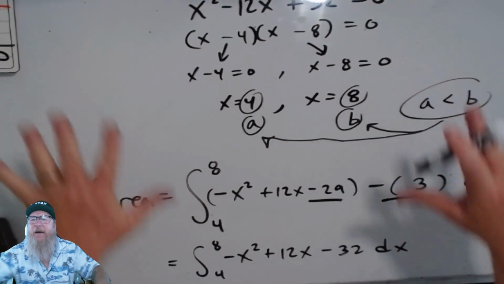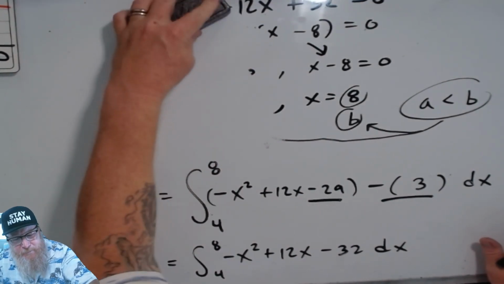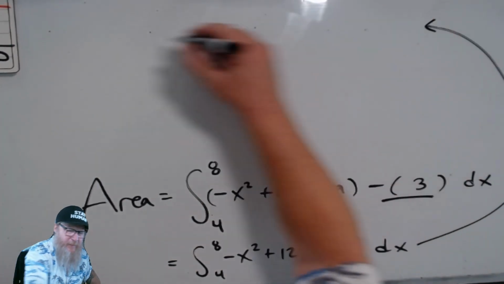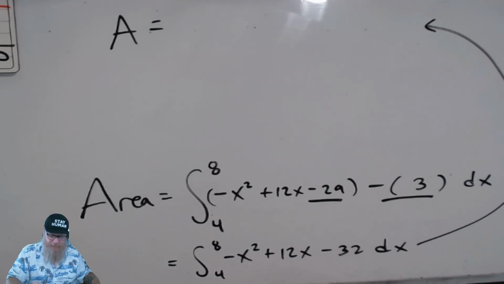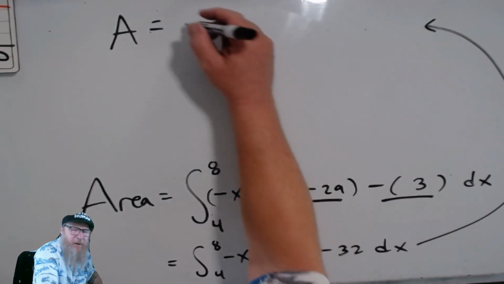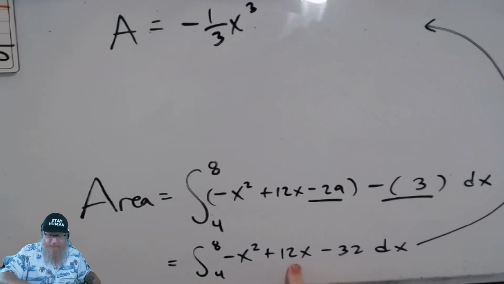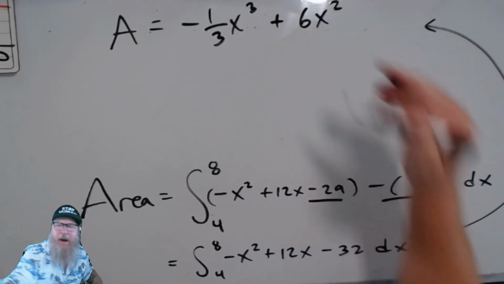So all of that was just the algebra preschool preparation. So our area: the integral of negative x squared is negative 1/3 x cubed. The integral of 12x is 6x squared.